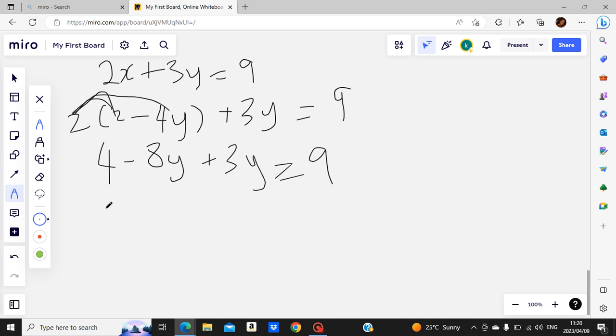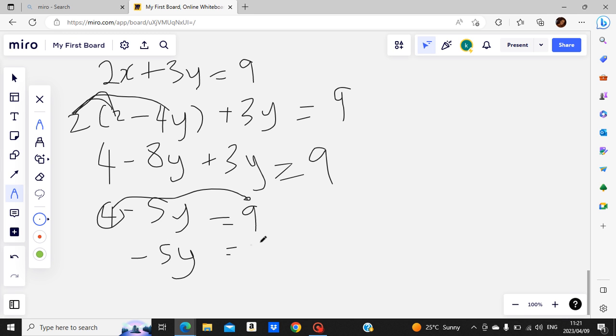Okay, so now we're gonna look for like terms. What is minus 8 plus 3? It's gonna give us minus 5y equals 9. And we're going to take this 4 to the other side so that we solve for y, right? So minus 5y equals 9 minus 4.